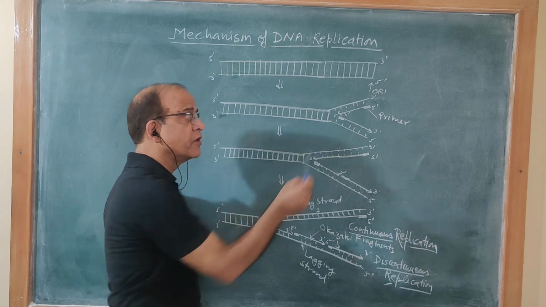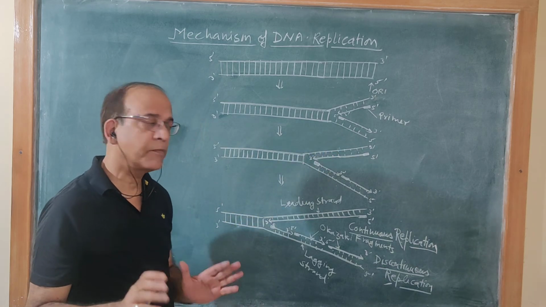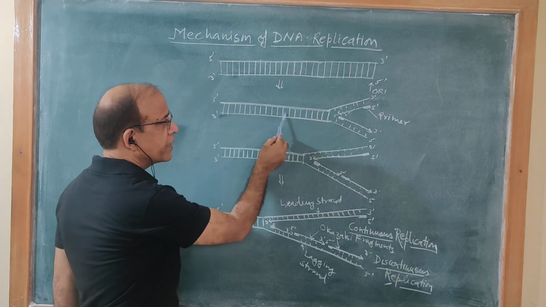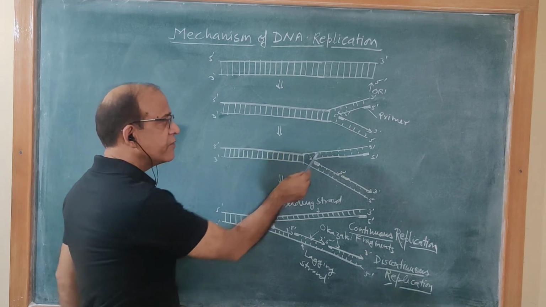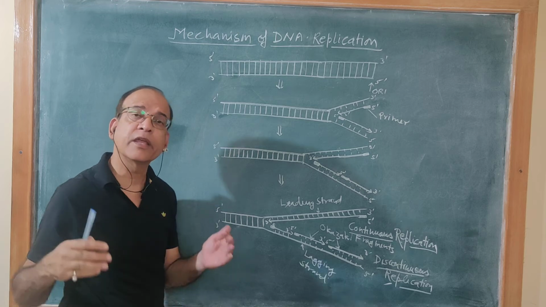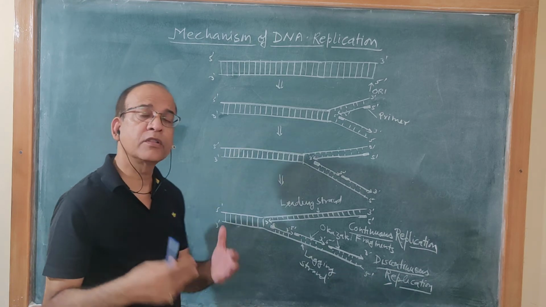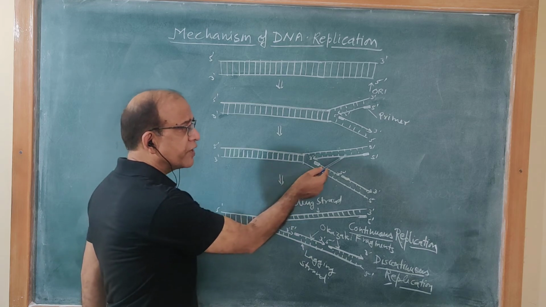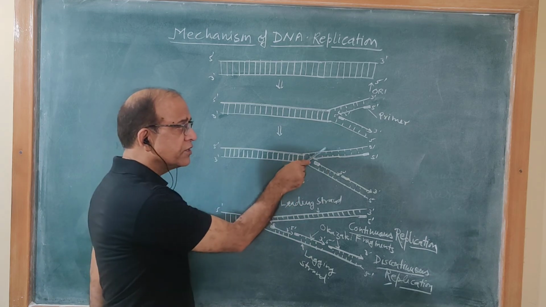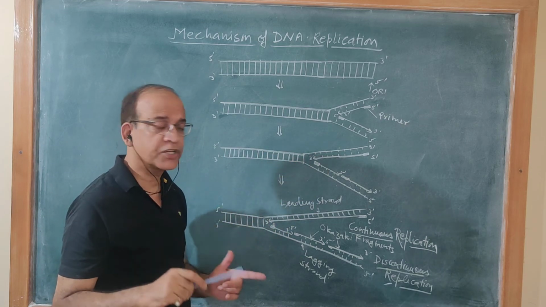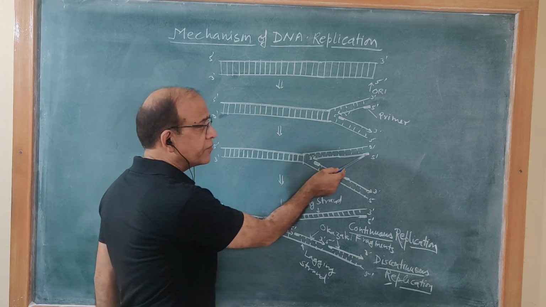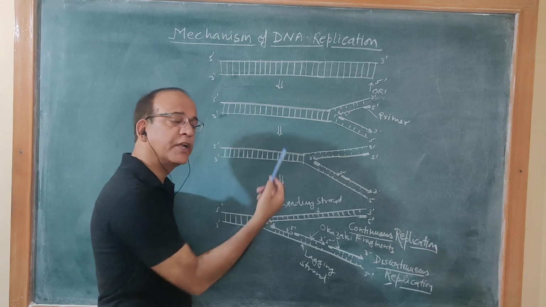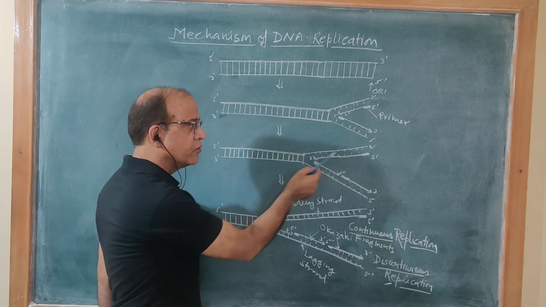When this replication is completed, the next segment of DNA is unwound. On that newly exposed DNA, the process of replication continues. On the strand where replication already started, it continues because it is already going from 5' to 3'.